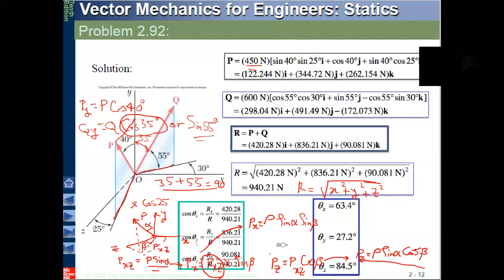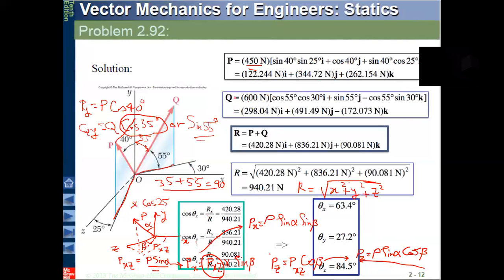So you have here sine of 40, which is alpha, and sine of 25, which is beta. For the y direction, it is easier: Py is P cosine of 40, which is the adjacent side. And for the z direction, Pz is equal to P sine of alpha cosine of beta.